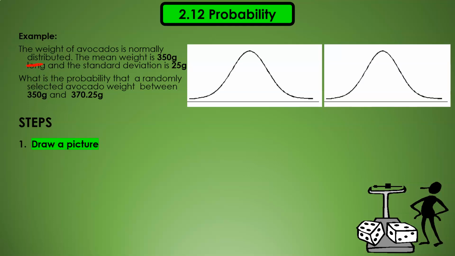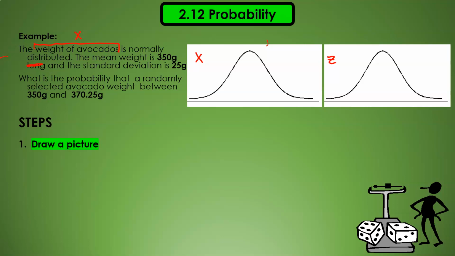So we're going to start off by looking at the numbers in terms of their real values, x. So remember the x variable is the weight of the avocados. What we're then going to do is convert it into z values, which are the standard normal values that we can use from the table that we looked at last lesson.